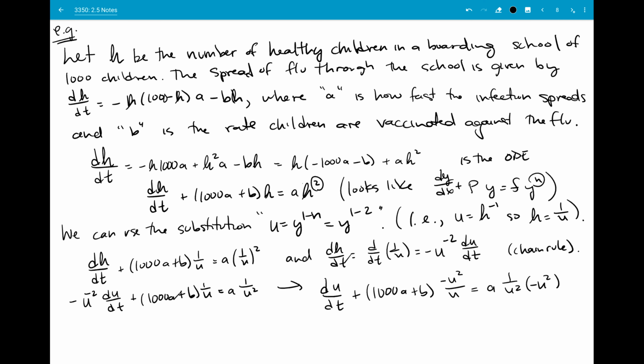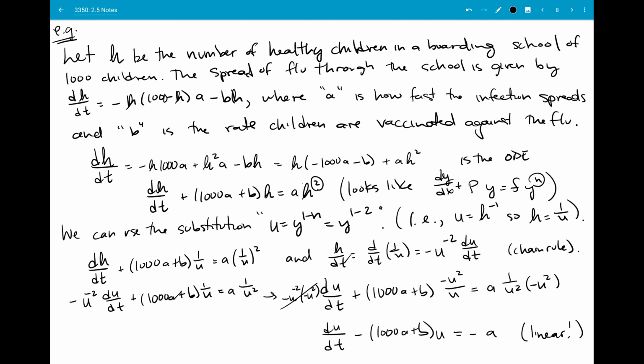Here, I'll actually write the times here too. That way you see that the reason it's canceling is because of what we're doing. So those cancel out, and I have du/dt minus (1000a plus b) times u is equal to, those cancel out too, I'm just left with minus a on that side. And that's a linear equation. So I can go ahead and solve it using the linear equation method that we learned in class already.